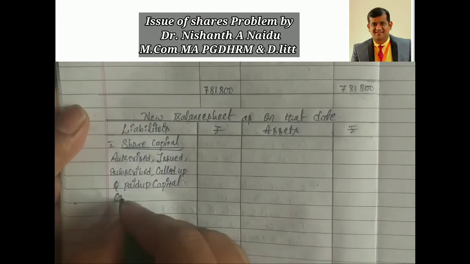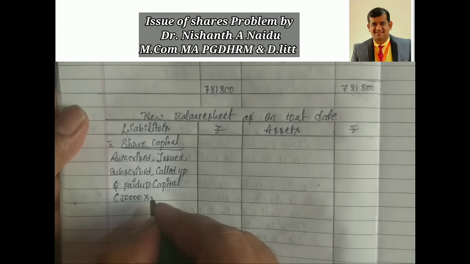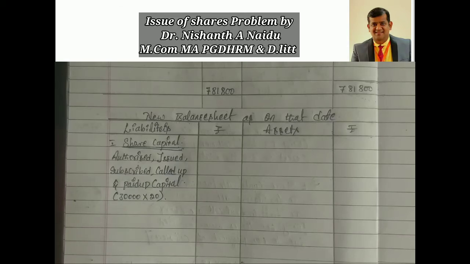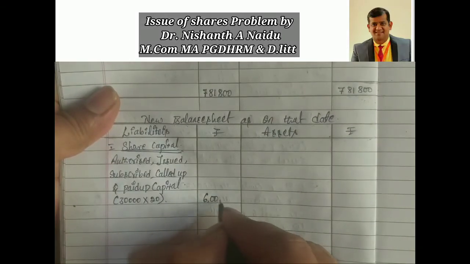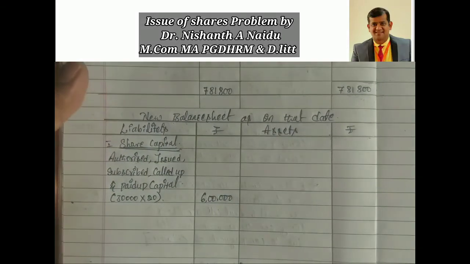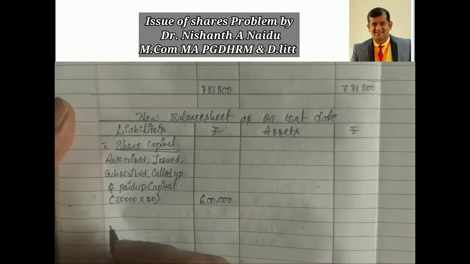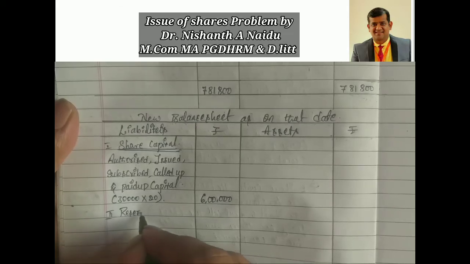So what is the number of shares issued by the company? 30,000. What is the face value of the shares? 20 rupees. So calculate 30,000 into 20. If you calculate, you are going to get 6 lakh rupees. Next I am going to do the second part, that is reserves and surplus.